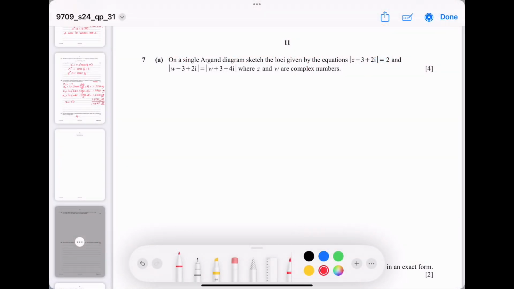Number 7, we're looking at the Argand diagram. So these two separate things, we want to identify what they look like.